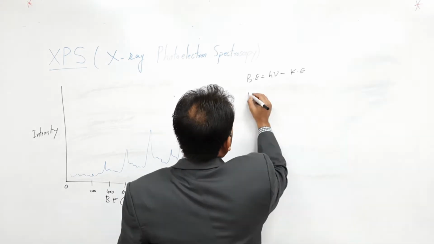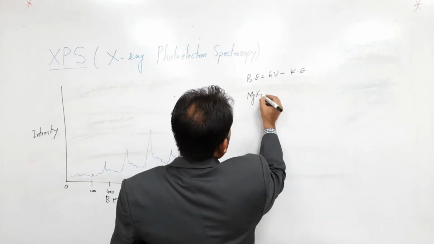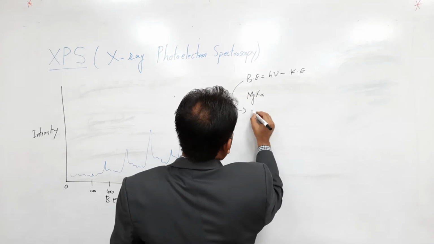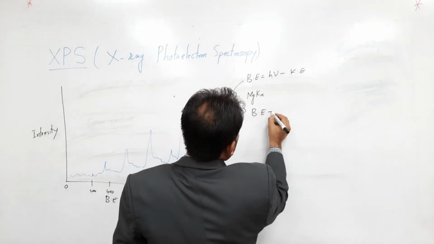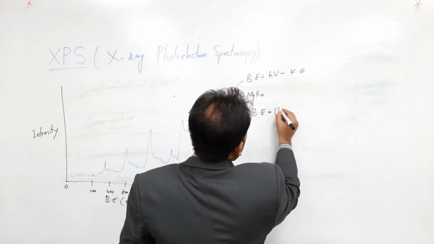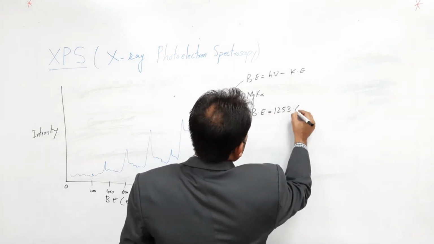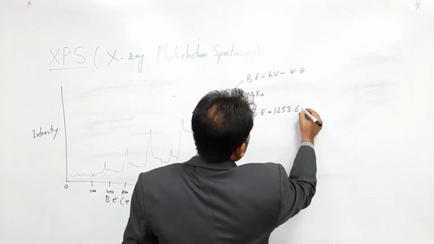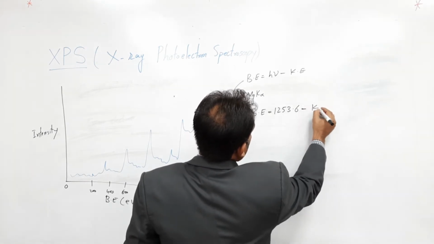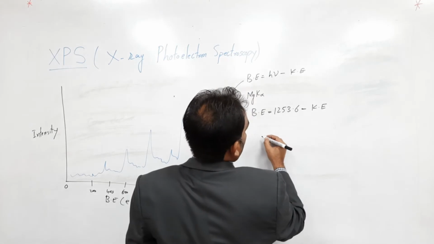If you are using magnesium K alpha, this equation will become binding energy equal to 1253.6 minus kinetic energy.